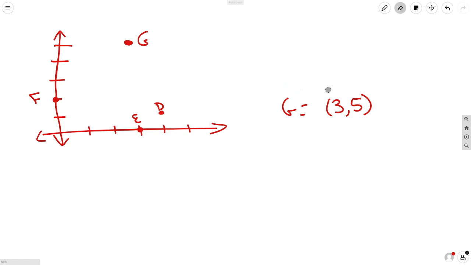Now I want to look into changing decimals into fractions. Alright, so let's say you're given a decimal, 0.86, and you're being asked what is the percentage.